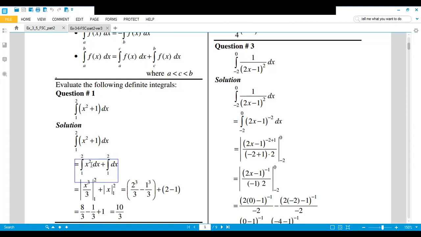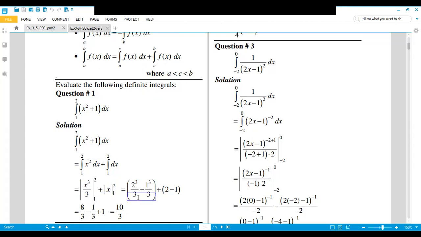So integral of x square dx plus integral of 1 dx. You know that x square integral is x cube divided by 3. You enclose in absolute and you put the upper limit 2 and lower limit 1. And 1 integral is x, upper limit 2 and lower limit 1. Now you put the upper limit first in this.